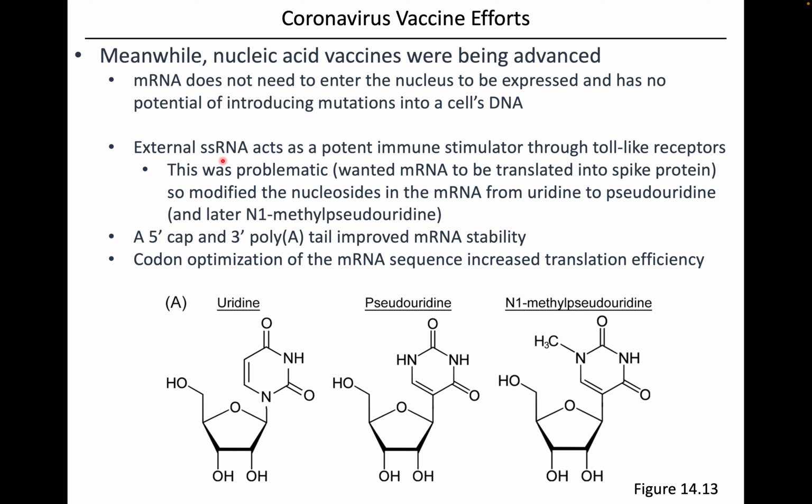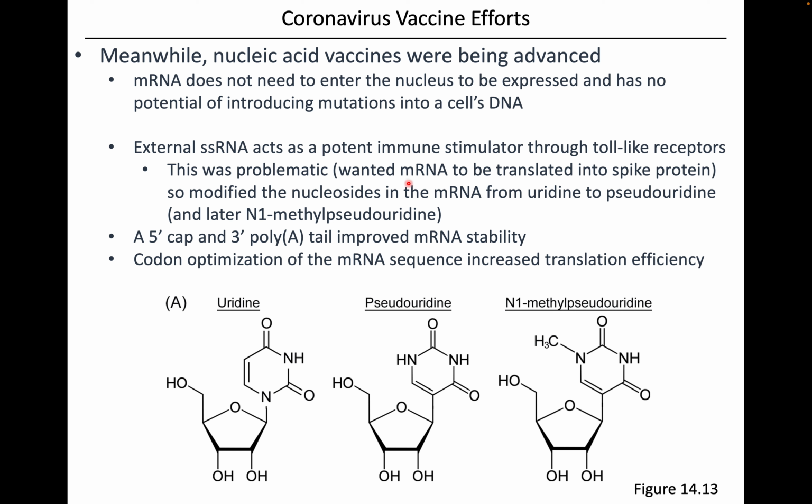One issue is single-stranded RNA, ssRNA, can actually stimulate an immune response on its own through binding to toll-like receptors that we touched on back in the immune system chapter. So this was an issue, right?